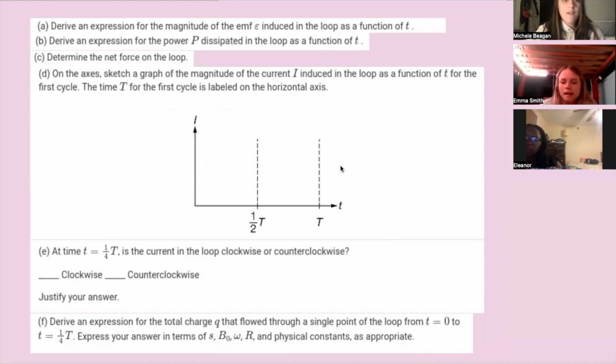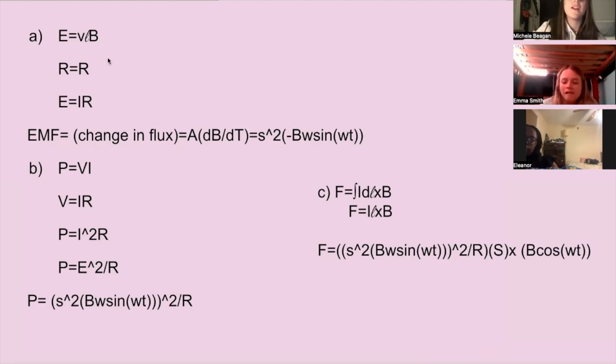So for part A, derive an expression for the magnitude. We're going to want to remember our equation. So E equals the velocity times the length times the magnetic field. And then we have our knowns: the resistor equals R. And then we also know from Ohm's law that E equals IR. So basically what we're doing is we know that the change in flux is the area times the change in the magnetic field.